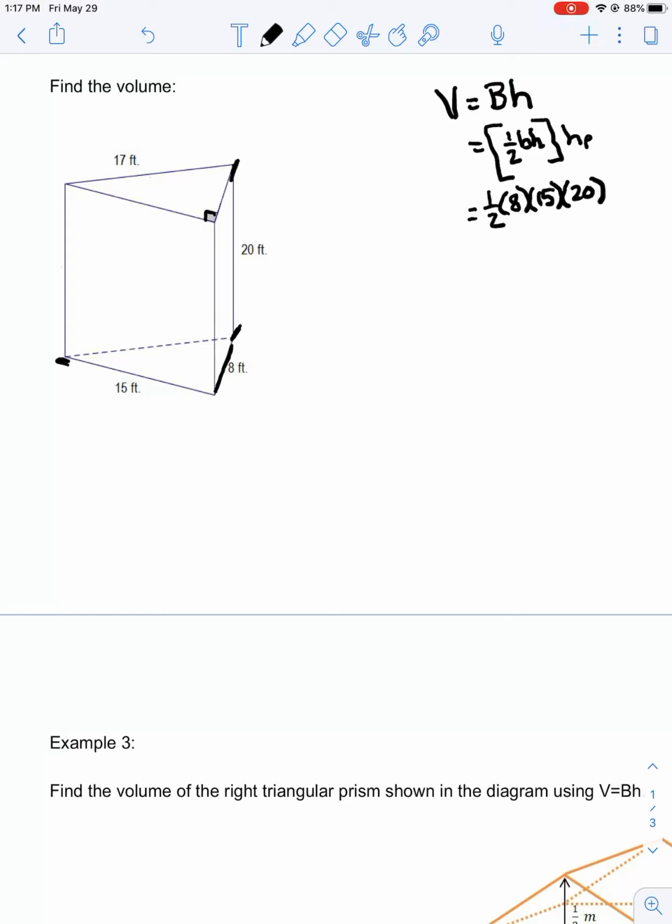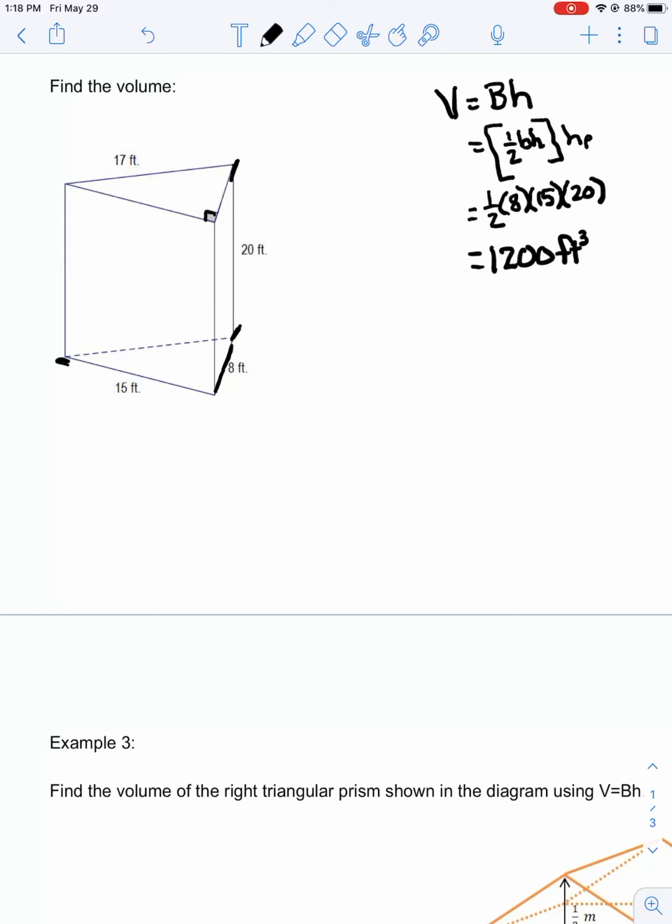So we have the 1/2, and you can also use 0.5 to multiply that as well. Multiply by 8, multiply by 15, and multiply by 20. And for this we get 1200 feet, and it would be cubed.